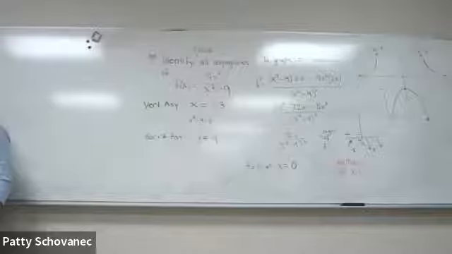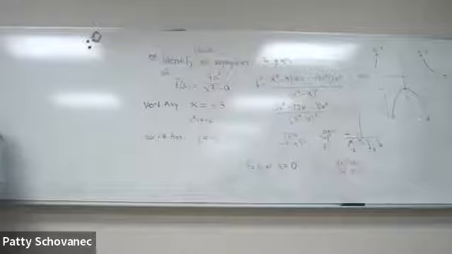So they act with the same degree. They both grow as an x to the first power, but this grows as a positive 2, and this grows as a negative 2. You see that? This up here is going to be negative, but this down here is going to be positive.